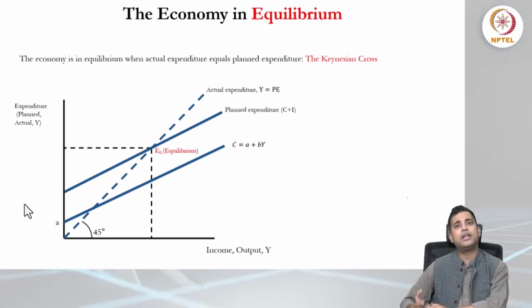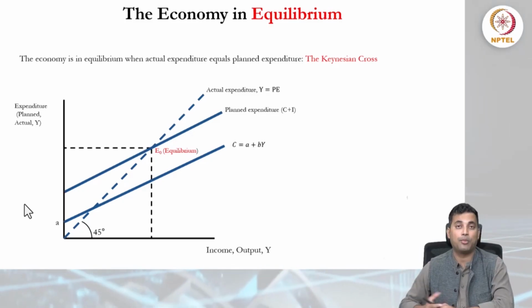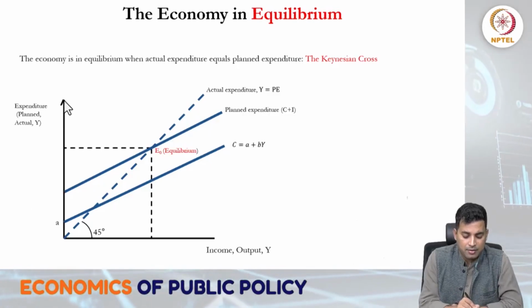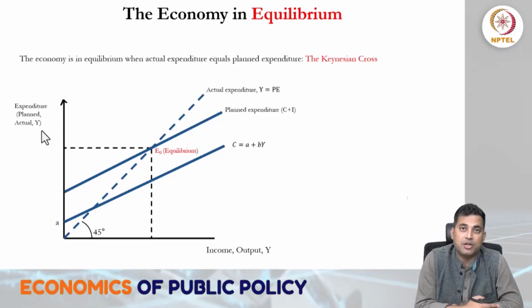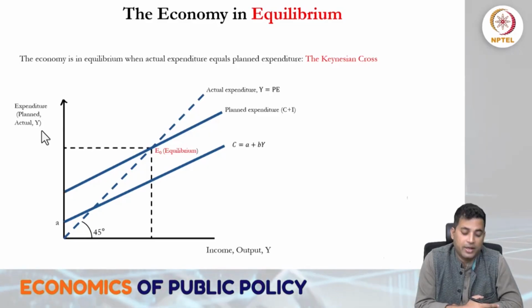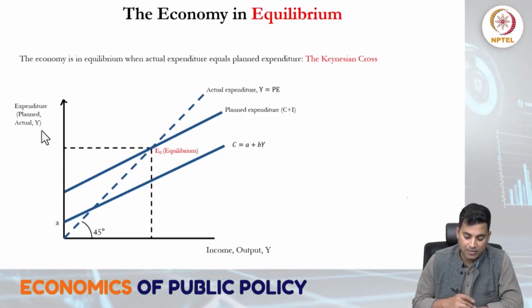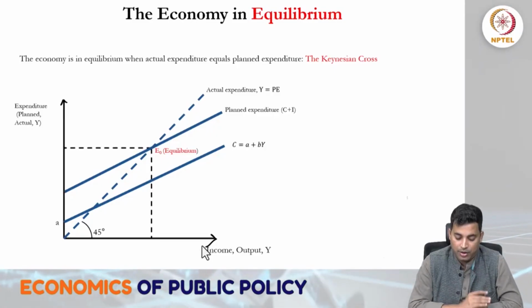Now, how does equilibrium happen in the economy? We have to plot it. On the vertical axis we have expenditure, where we have considered both planned and actual expenditure, and on the horizontal axis we take income or output.